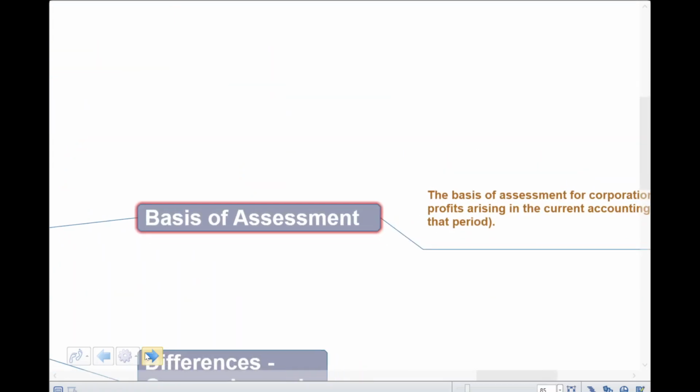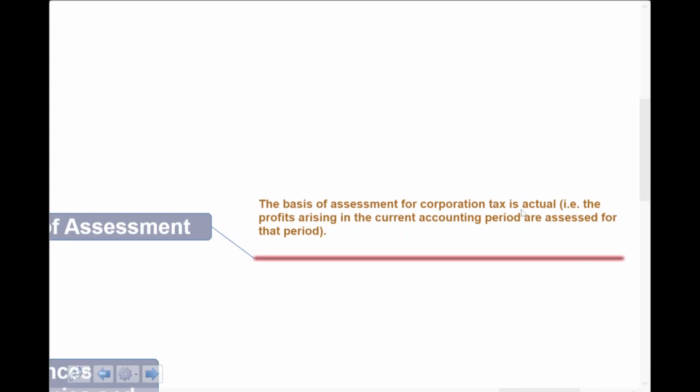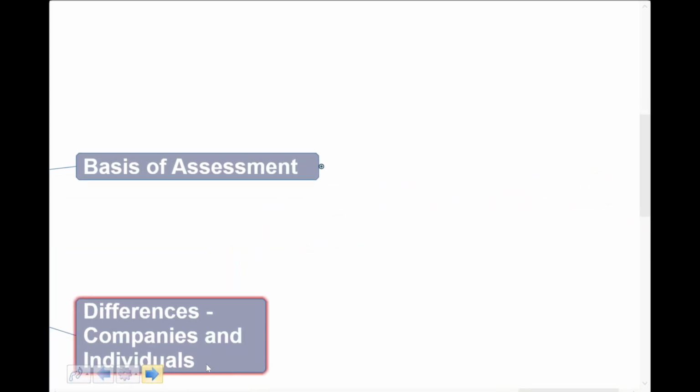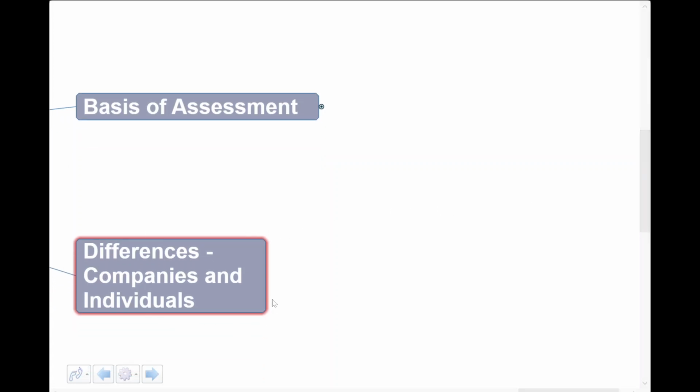What about the basis of assessment for companies? Well, in essence, it's actual. So if you have a current accounting period and you have actual profits within that period, then you're assessed on those profits. Okay? Now, in terms of differences between companies and individuals, I'm going to refer you as a self-study area to the study hub. Broadly speaking, there are a lot of similarities.